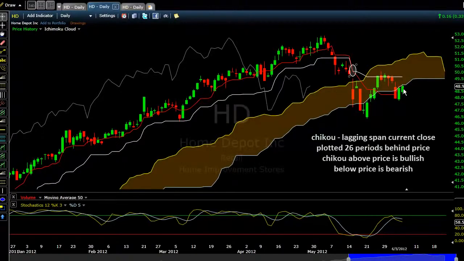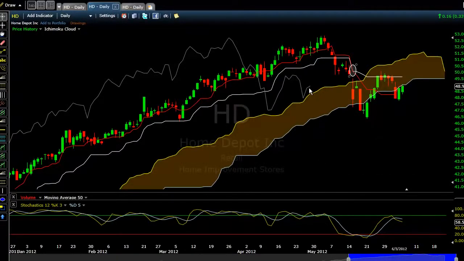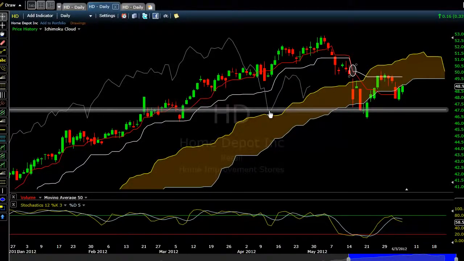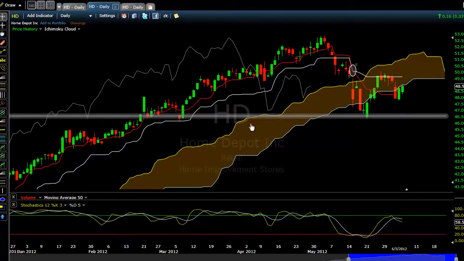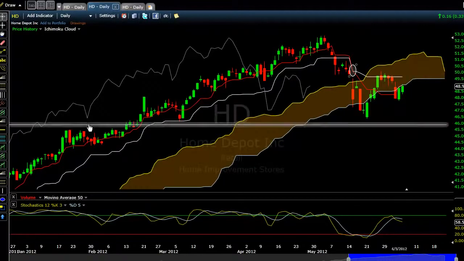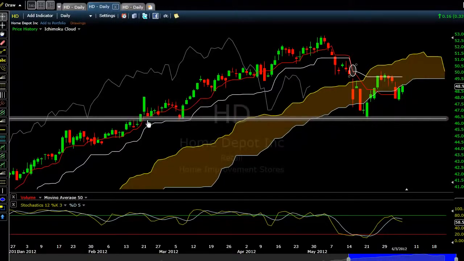All right, so this closing candle here is actually that particular, that's the location of the Chikou, 26 periods behind. And what Chikou is used for is an area of support and resistance, likely bounce areas. So if you look back in the past, remember this is the closing price, 26 periods back.